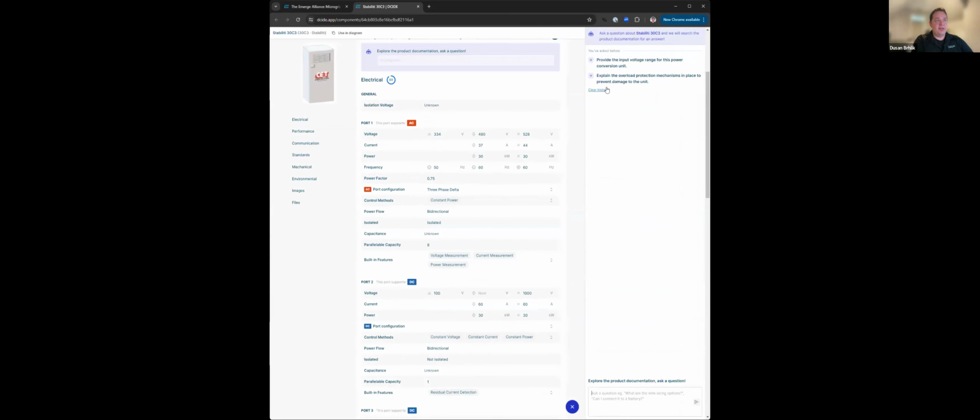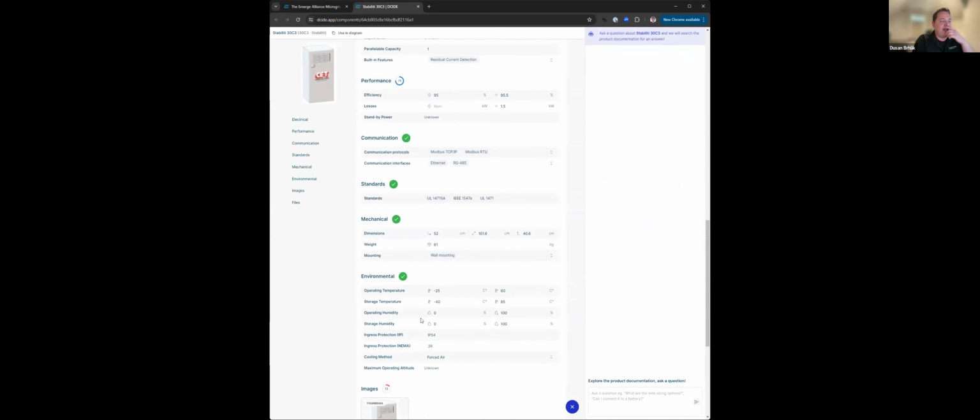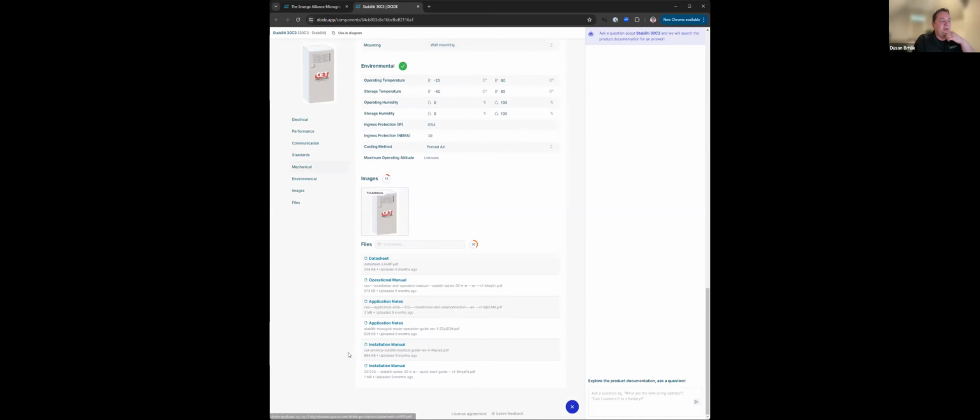Another way we're trying to close the knowledge gap is by the introduction of AI. With these product catalogs, we have tied in an AI engine that looks at all the information, and this is important, all the information that is released with that particular product, that you as a designer can interrogate.